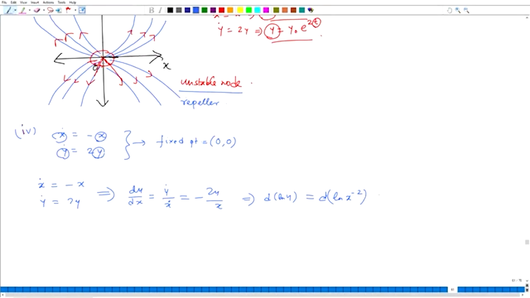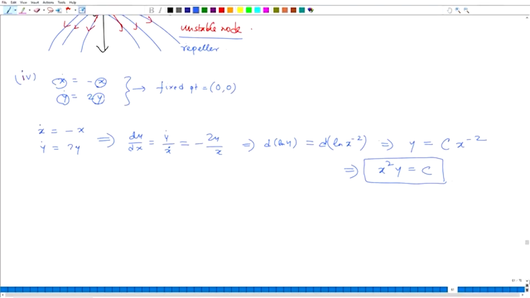Finally the solution comes as y is equal to some constant times x to the minus 2, so x square y is equal to some constant. They are the phase space trajectories, and if you draw them carefully, you will see that they look like this. X and y. So, you will have trajectories like this.